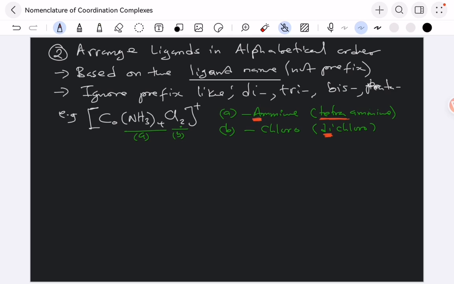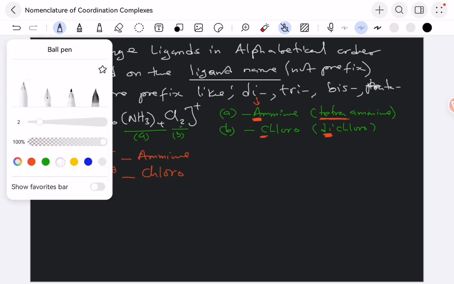This starts with letter A, and this starts with letter C. So in terms of naming, we are going to name the ammine first, then the chloro will come second. So that is how the alphabet works. It is not affected by the prefix.